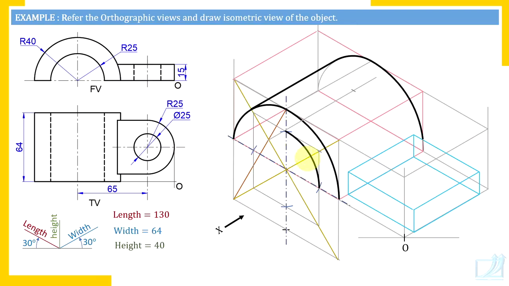So the longer arc center is in the diagonally opposite quadrant and that is the end of the shorter diagonal of this smaller rhombus. And for the smaller arc, you join one end of the shorter diagonal with the midpoint of the opposite edge on this side so that you get the center, and from that center draw the smaller arc. So this is how we have constructed the opening.